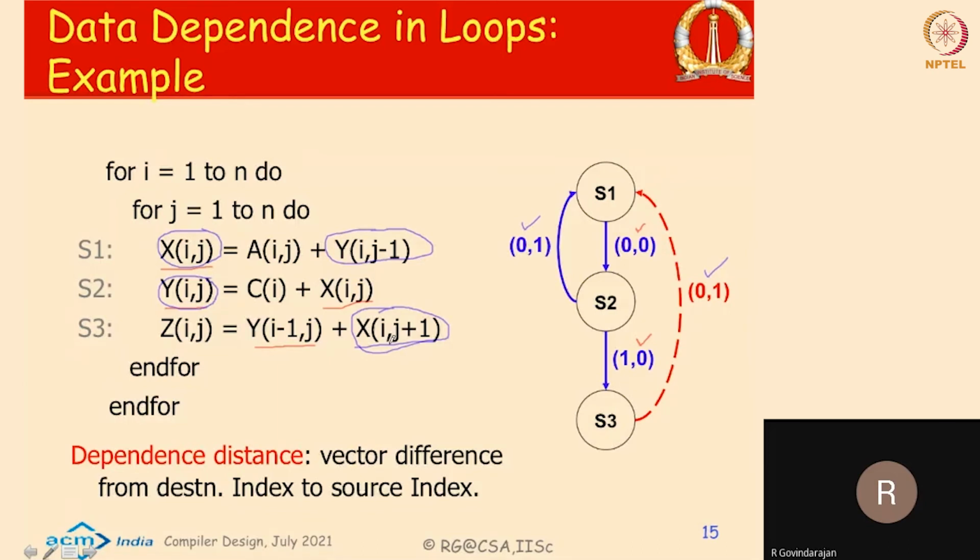So you are talking about a location (5, 7). When you are reading the value x[5][7] in iteration (5, 6), that same location is going to be overwritten in the next iteration (5, 7). Therefore, there is this anti-dependence. That means that this read must complete before this write. Okay, sir, makes sense. Thank you.